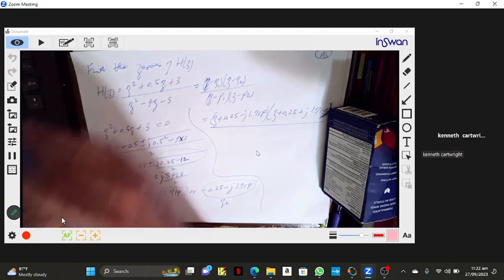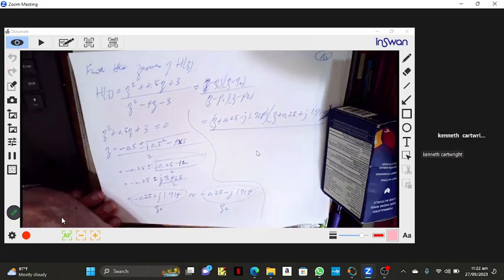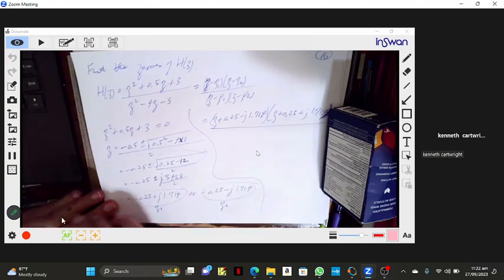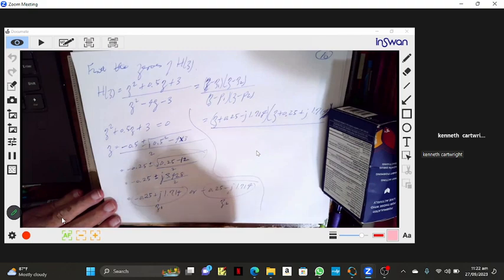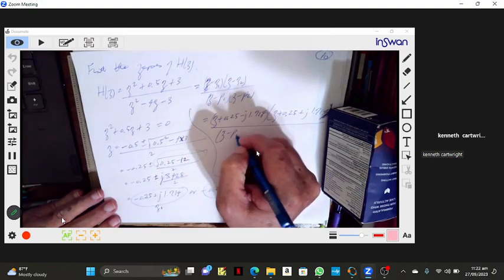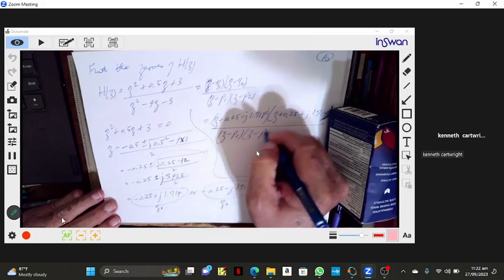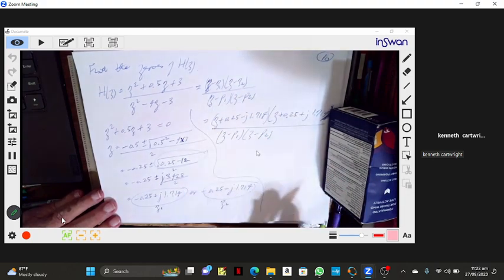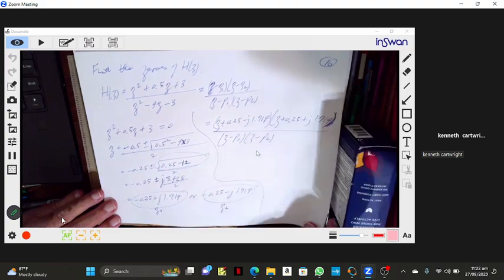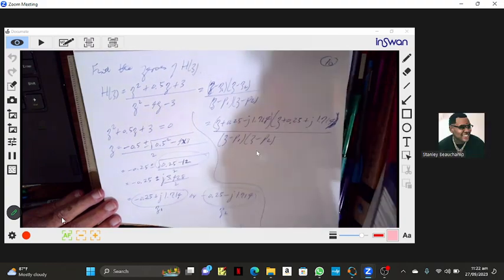Yes, the poles are where the values of z go to 0 in the denominator. So we're going to have to find those. So this is z minus pole 1, z minus pole 2. All right. I'm going to the next page. Hold on, let me get that.